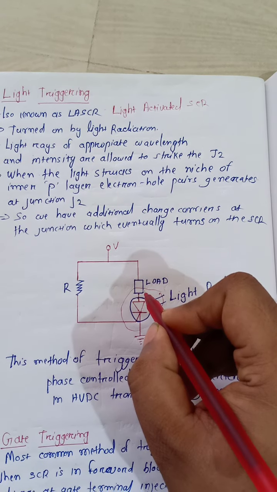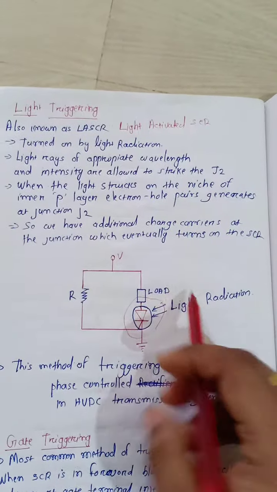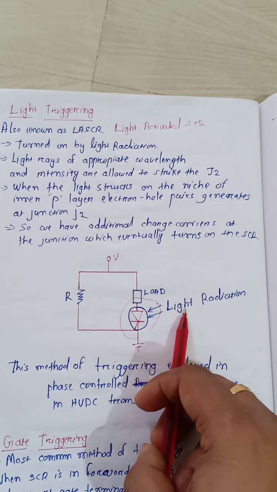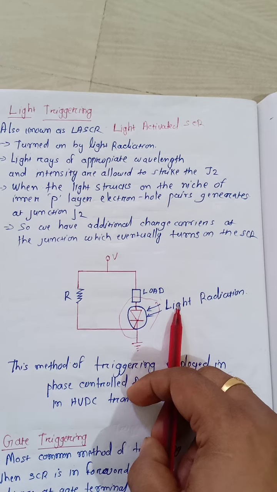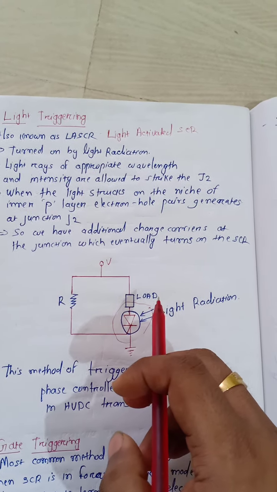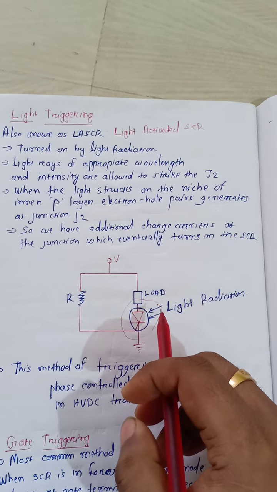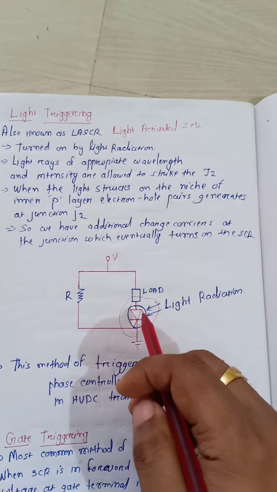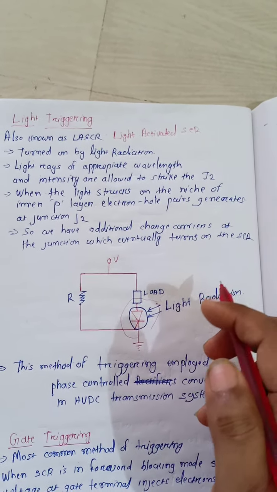I am telling you again: when light radiation of appropriate wavelength and intensity strikes the junction J2, additional electron and hole pairs generate, and so we have additional charge carriers at junction J2, which eventually turns on the SCR.